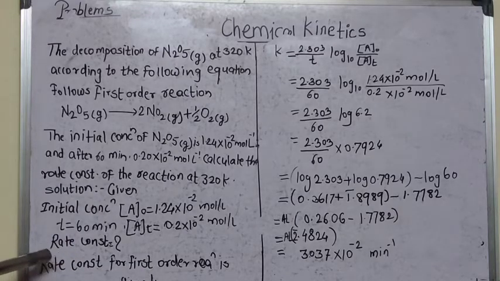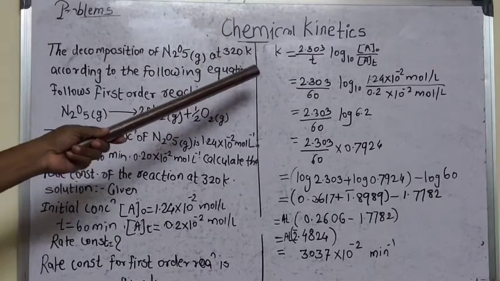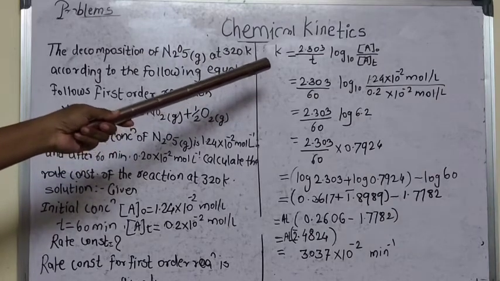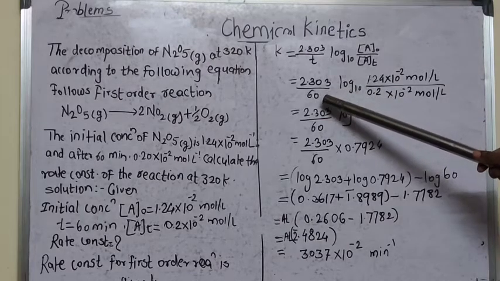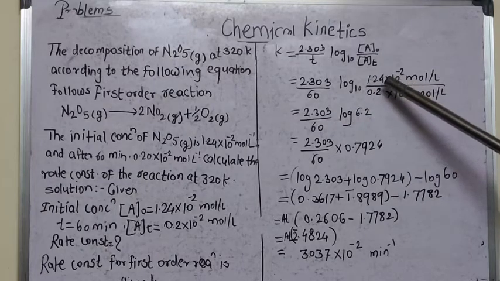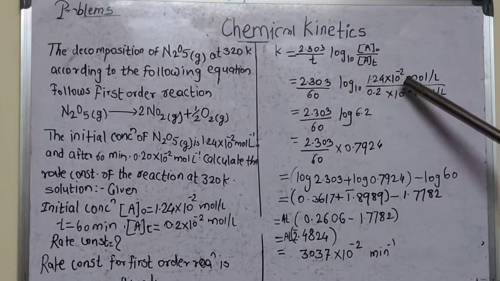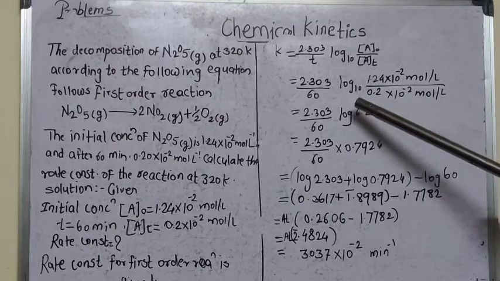So we know the rate constant of a first order reaction is given by the formula K equal to 2.303 upon t log to the base 10 A0 by At. Now we are going to put in the values: 2.303 upon 60 log to the base 10, with A0 and At substituted, 1.24 into 10 to minus 2 mole per liter upon 0.2 into 10 to minus 2 mole per liter.